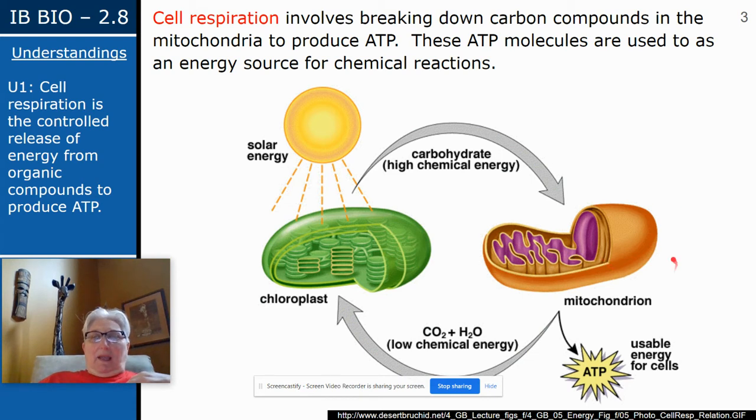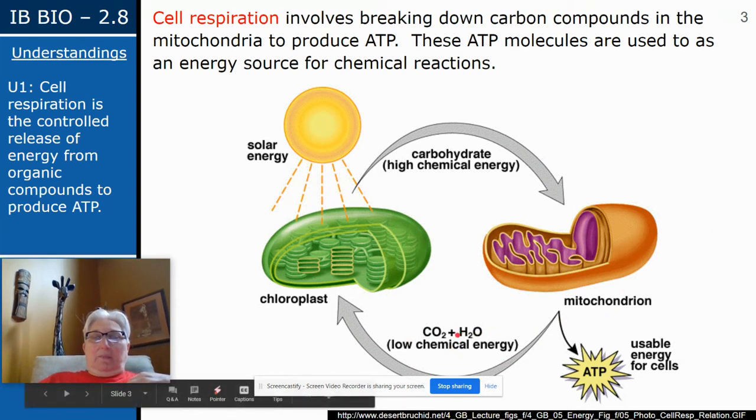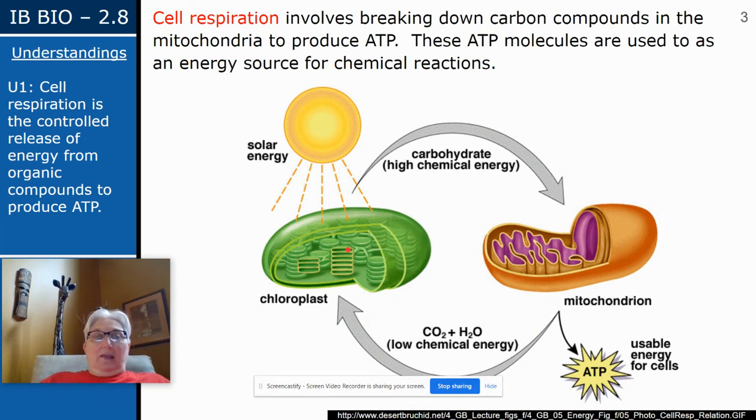So we're going to take a look at what's occurring inside the mitochondria, the molecules that are going to be produced, and then over here, the amount of energy. And remember, with photosynthesis, our energy was coming in the form of that monosaccharide, glucose.